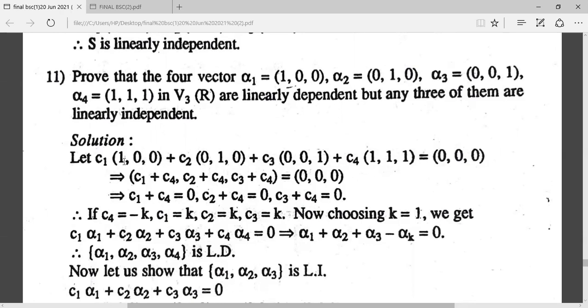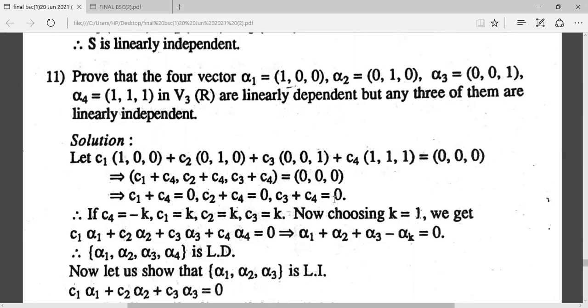Next, third component is C3 plus C4 equals 0, 0, 0. You know that two vectors are equal if and only if their corresponding components are equal. So if you equate this, C1 plus C4 is 0, C2 plus C4 is 0, and C3 plus C4 is 0.